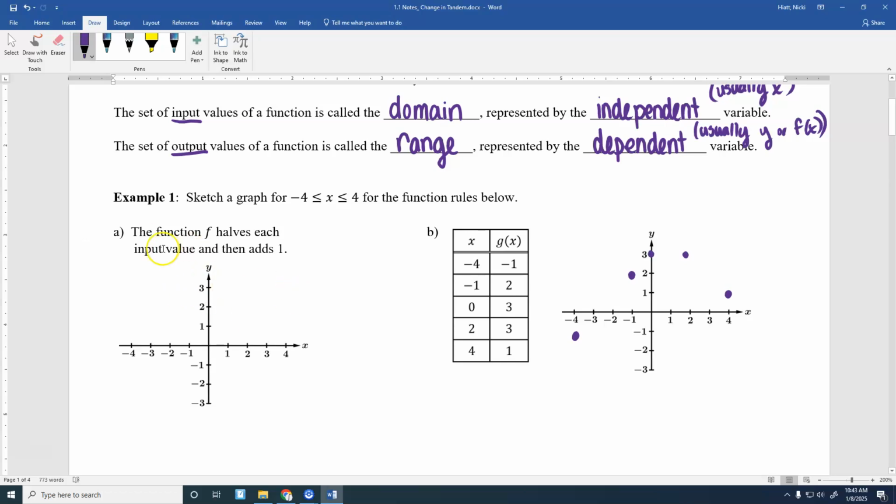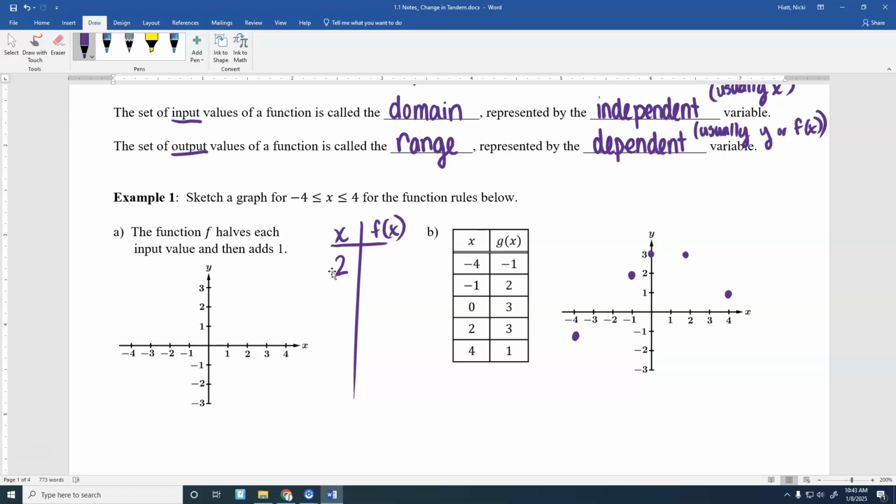So this tells us the function halves each input value and then adds 1. So one good way to maybe think about this is to think about making yourself a table. Like we've got x and f of x. So if I have an input value of, let's say, 2, I'm going to halve it and add 1.